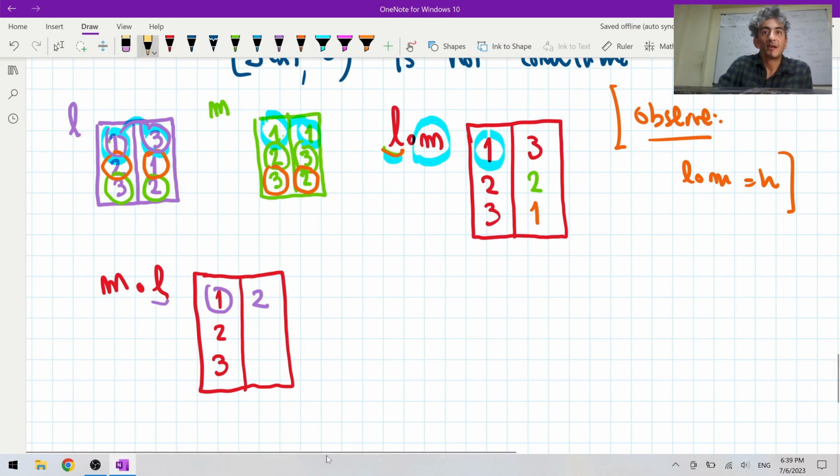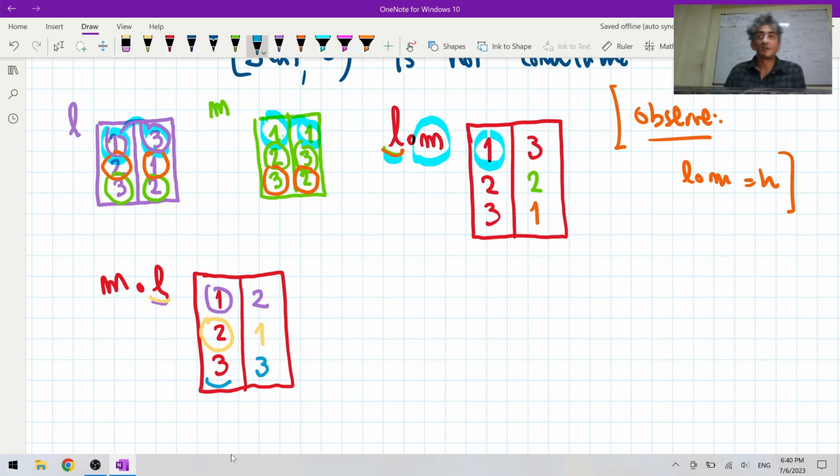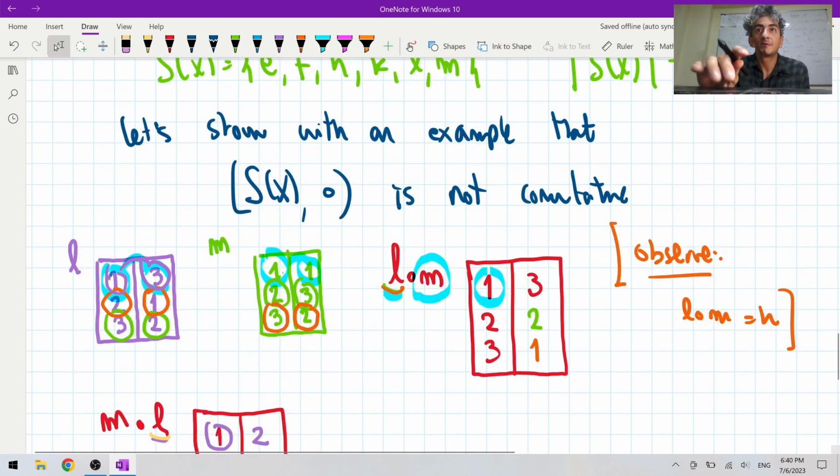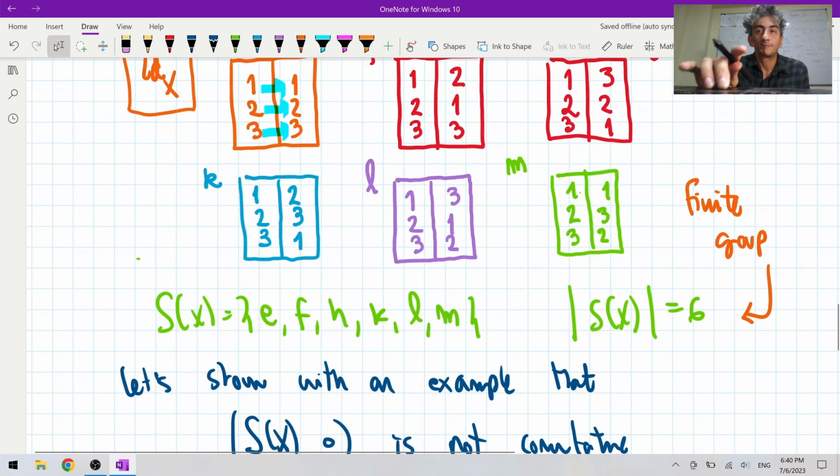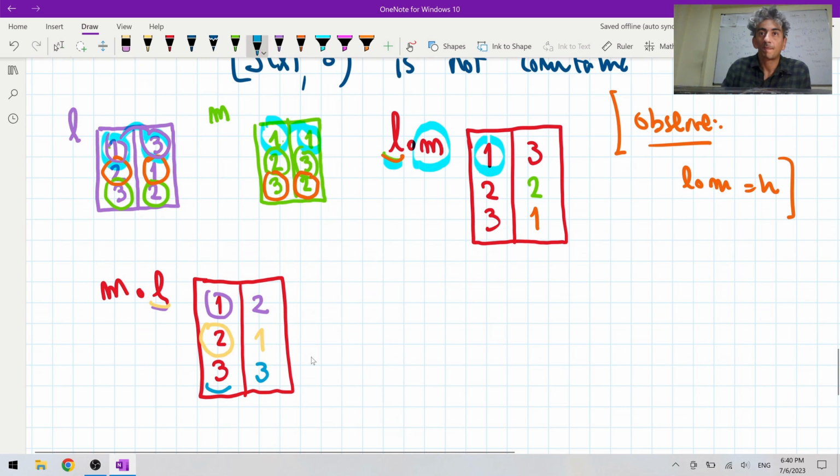Then number 2, give it to L, L spits out 1, M takes 1 and spits out 1. Finally, we take 3, we give it to L, L hands out number 2, and M hands out number 3. So in this case, M composed with L ends up giving simply F. M composed with L gives F.